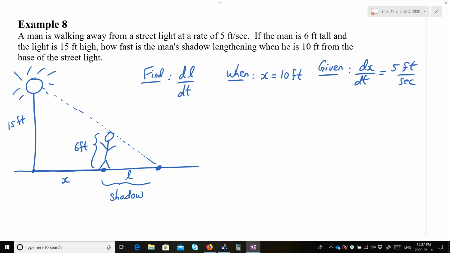Okay, and so our problem here is we have to come up with some sort of equation that relates x and L. For this, guys, we are going to have to use similar triangles. Notice that there is a small 90-degree triangle right here, and then there is this large 90-degree triangle here.